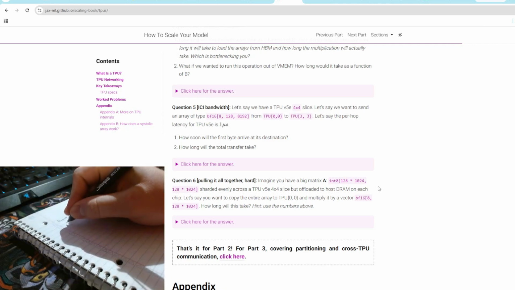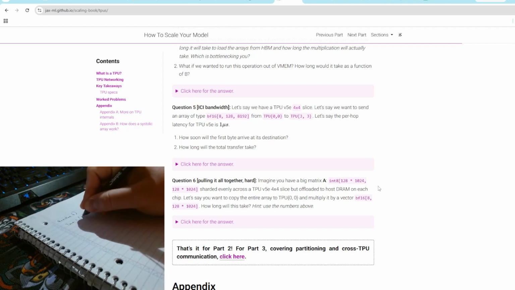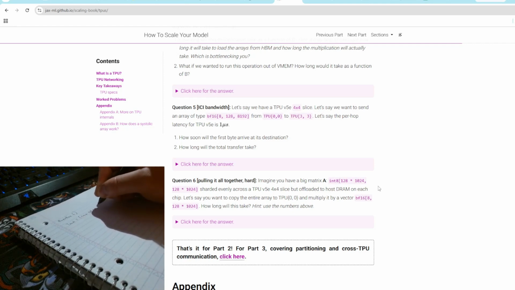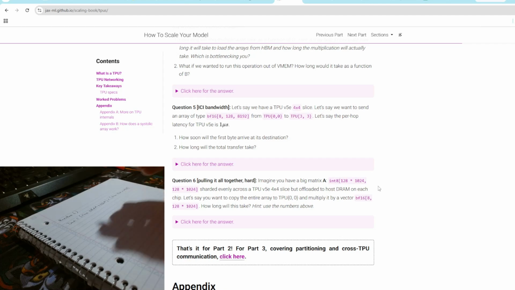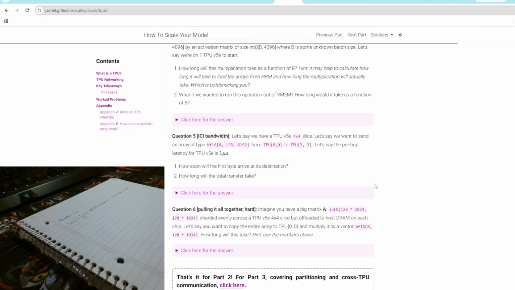So time equals time DRAM to HBM, plus time HBM to VMEM, plus, I mean, do we even really have to consider the time from VMEM to matrix multiplication unit?